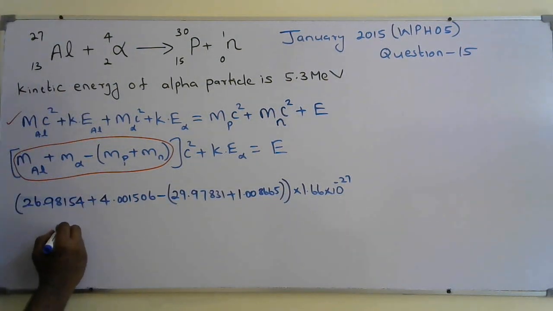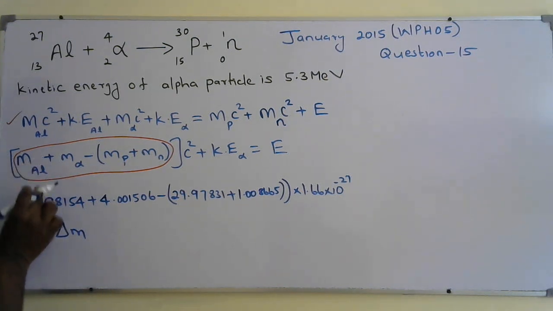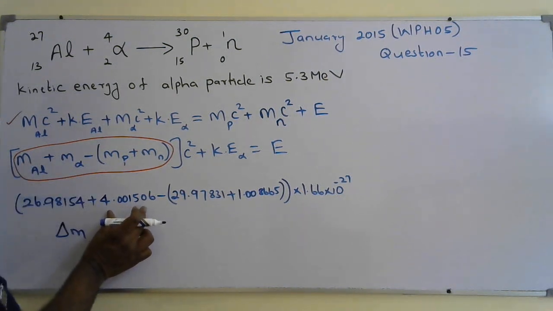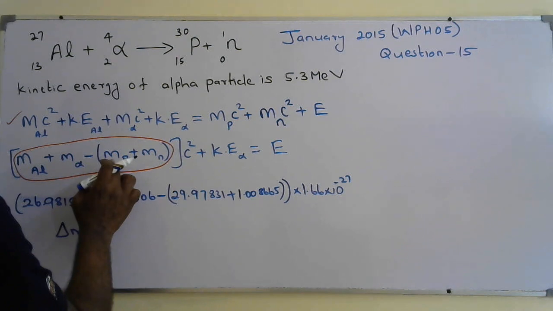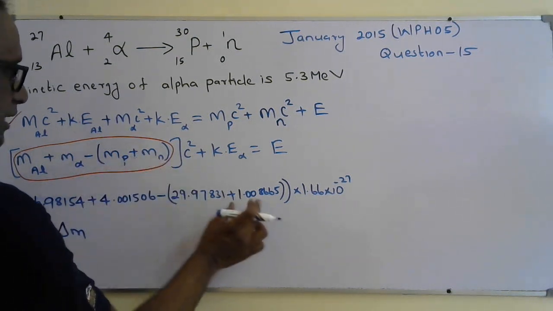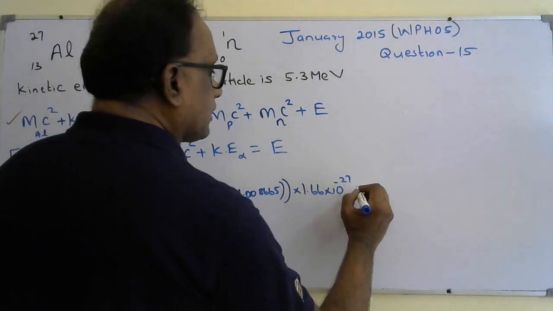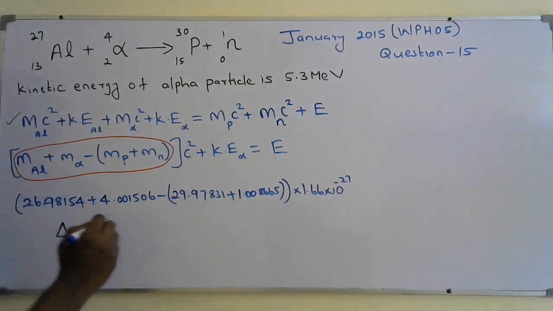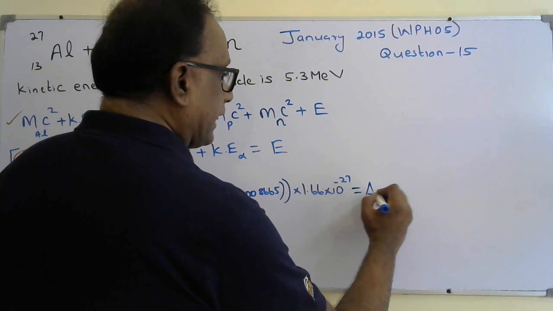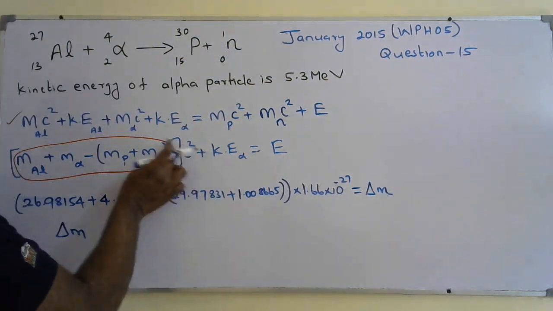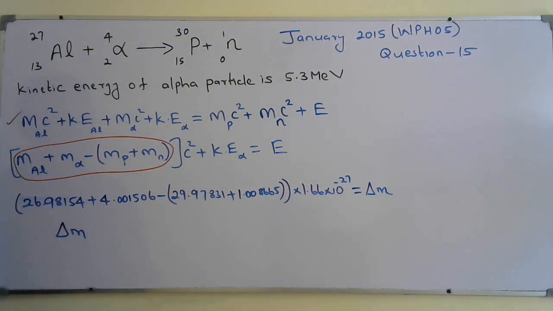When I find the delta m, that is mass of the aluminium nucleus plus mass of alpha particle minus mass of the phosphorus nucleus plus mass of the neutron, I converted into kilogram directly. So that is delta m, because my aim is to find the energy related to this portion, the mass deficit.